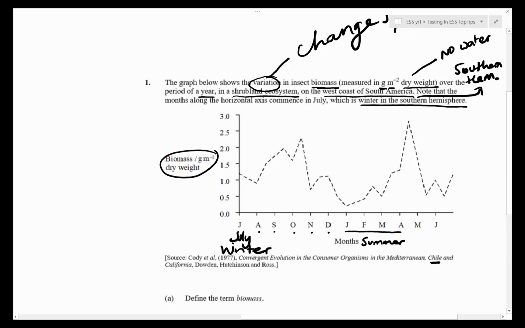So what we can see when we look at this is there's peaks here and here, and this one is kind of in mid-October, and this one is in mid-April. Okay.